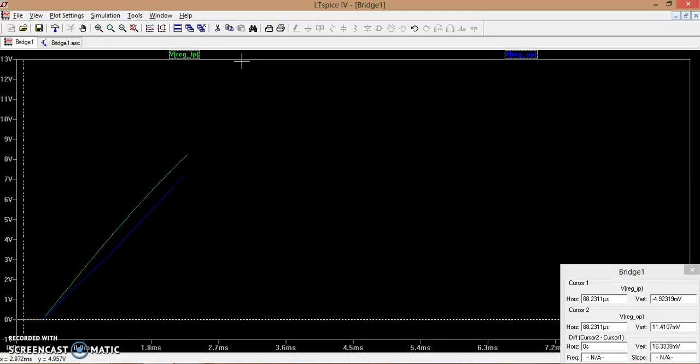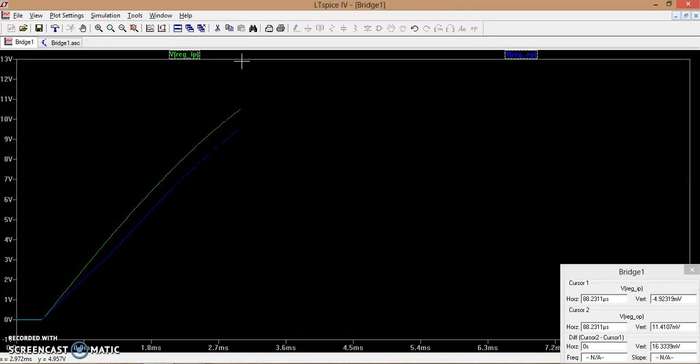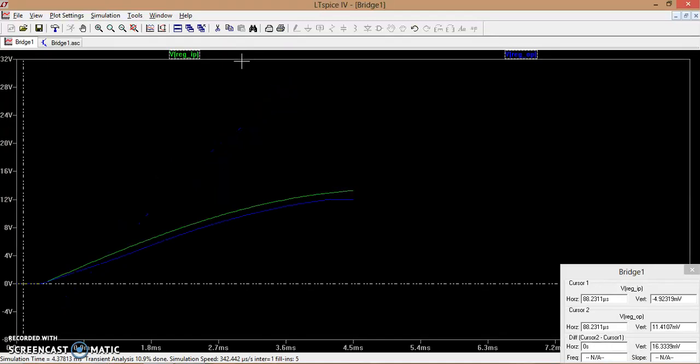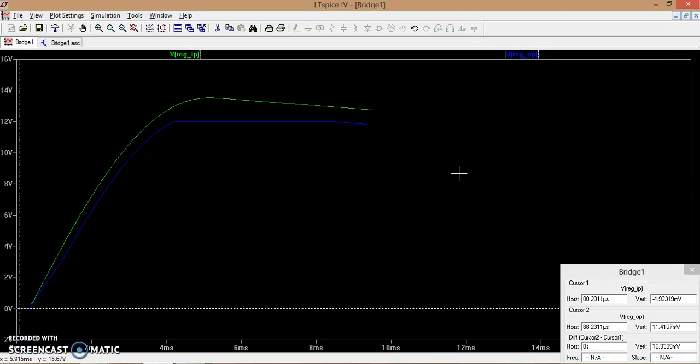Suppose the input voltage to the regulator is less than 13 volts, the output voltage will not remain at 12, it will come down. So we will carefully look at whether your input voltage to the regulator goes less than 13 volts. If it is going less than 13 volts, the output voltage is bound to reduce below 12.